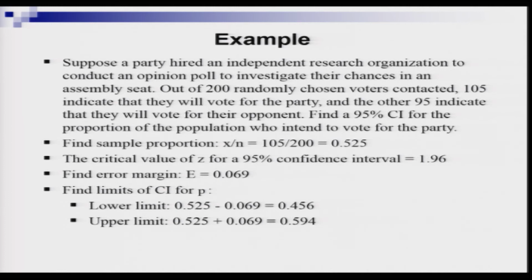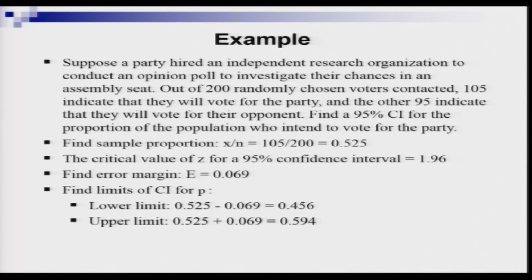In this case, as a statistician, how do you find a 95% confidence interval for the proportion of the population who actually intend to vote for that particular political party? I have already shown you the steps in the previous slides. The first step is to find the sample proportion P hat, which is given by x divided by n.